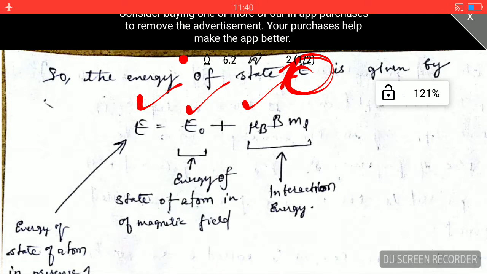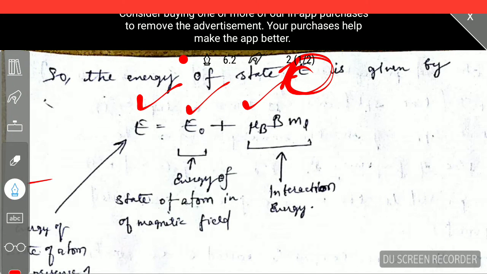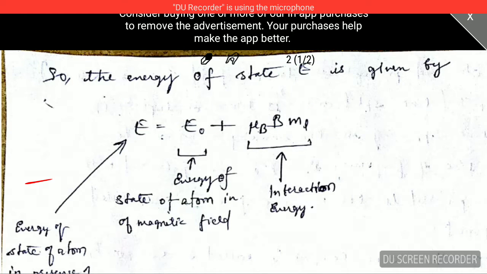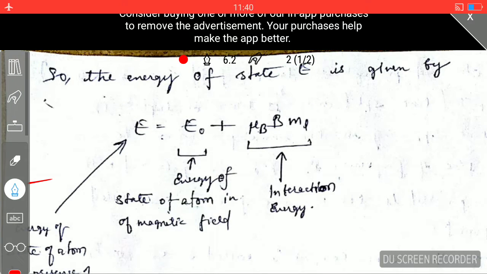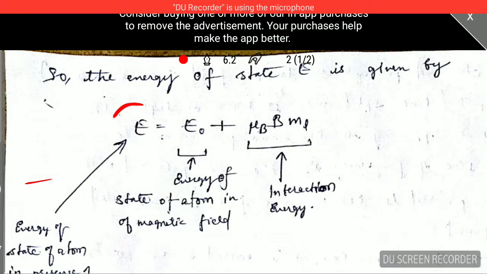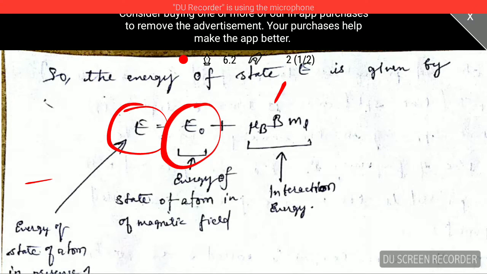What is this stuff? The energy of the state E, this was the energy of the state of the atom in the absence of magnetic field. I forgot to write here 'in absence'.